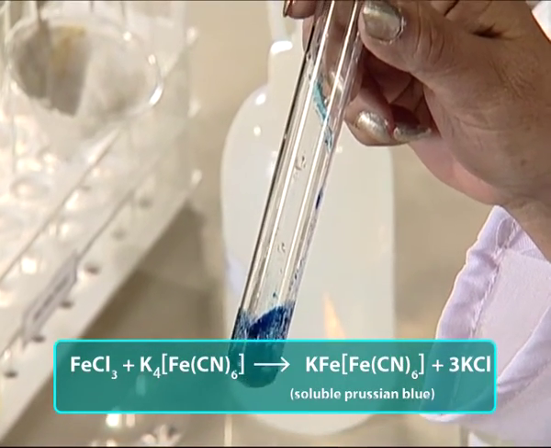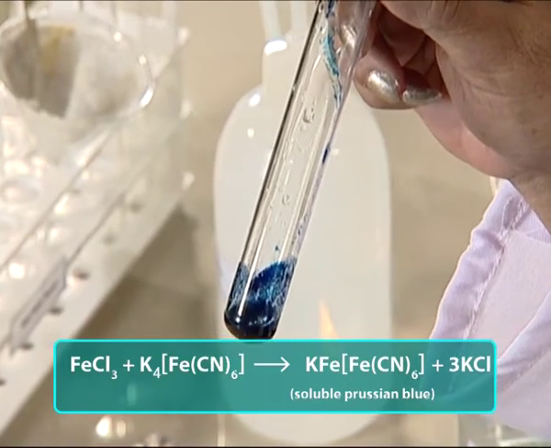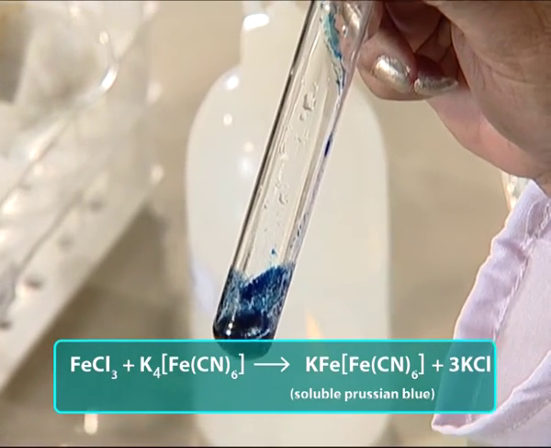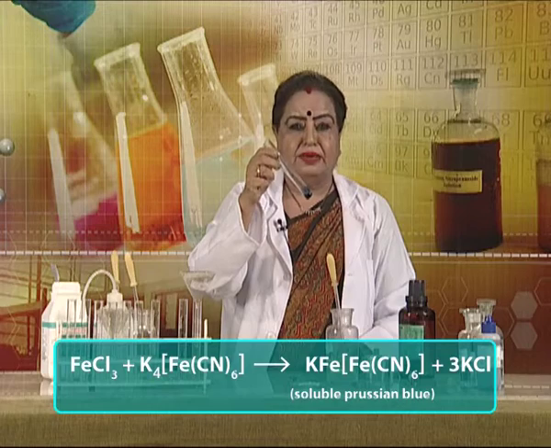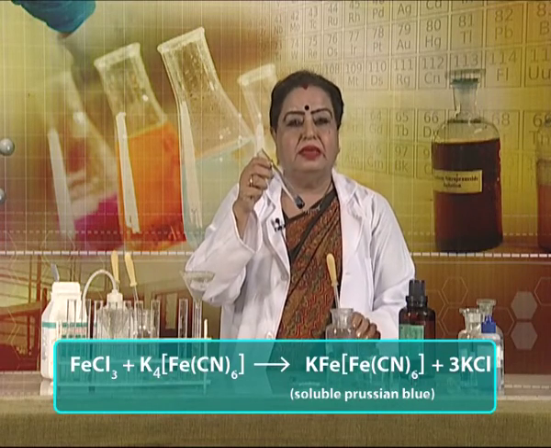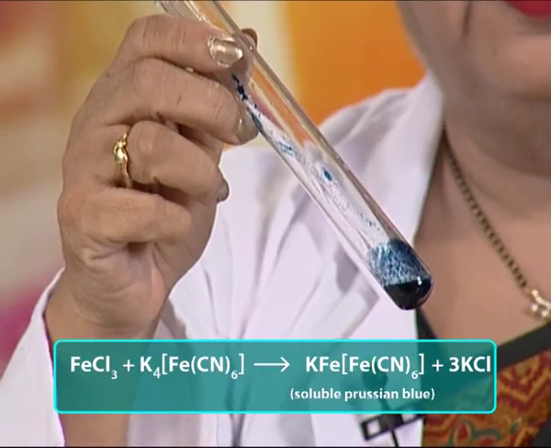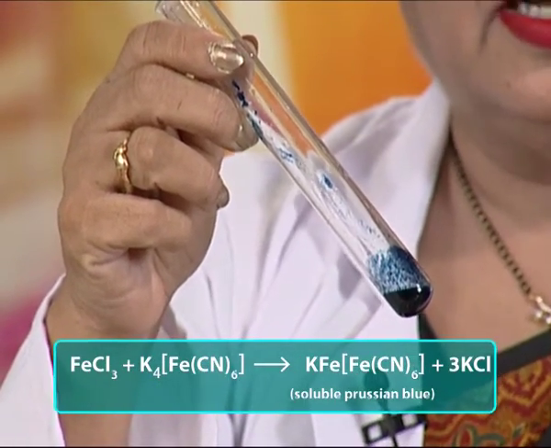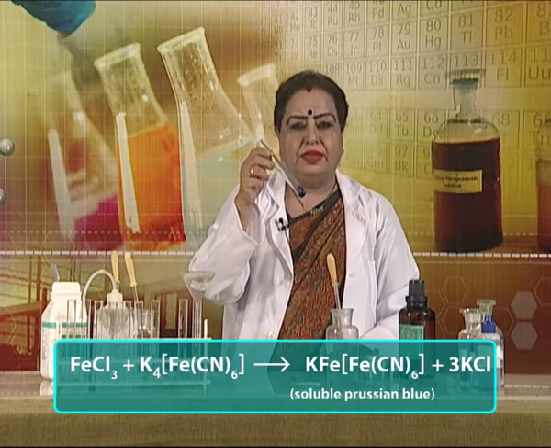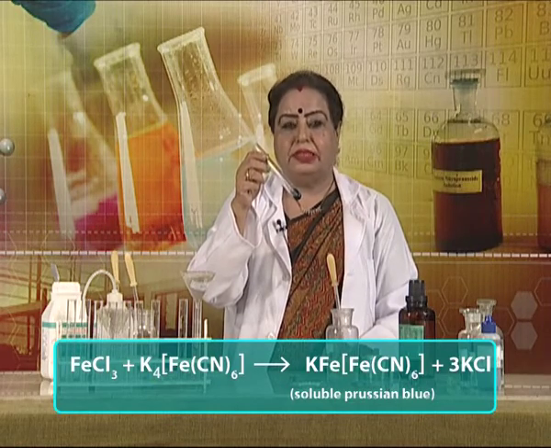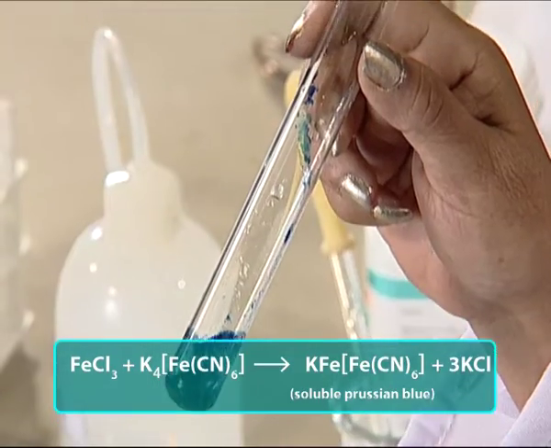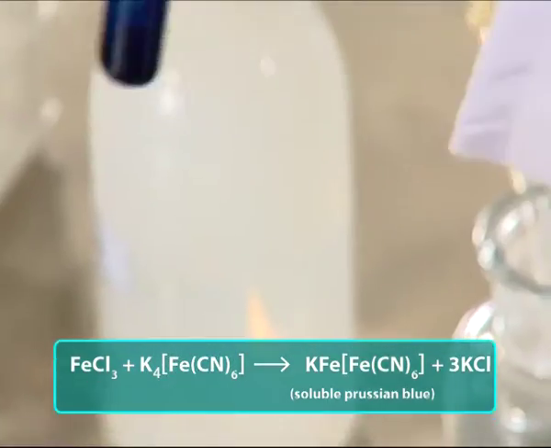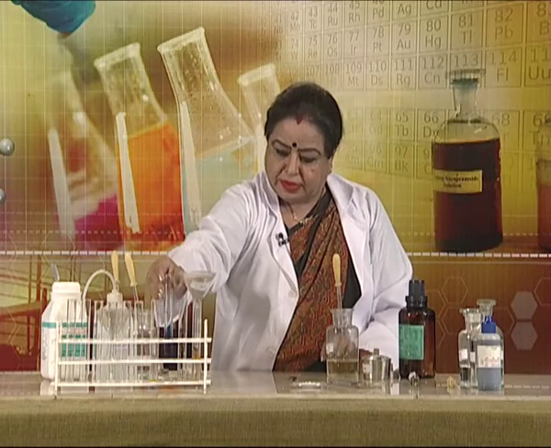And with this reagent added, as you can see in the equation given on the screen, potassium ferrocyanide K4[Fe(CN)6] has given us Fe4[Fe(CN)6]3. This is ferric ferrocyanide. So, this is Prussian blue. I am just keeping this here.